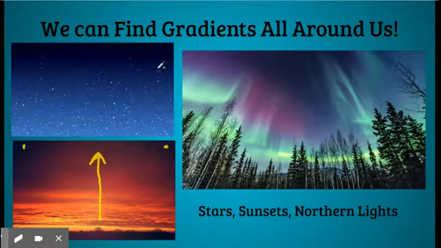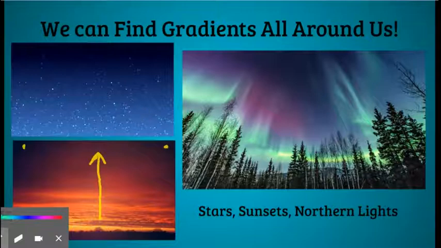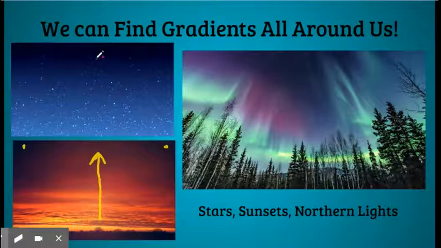So now let's try and describe this gradient. This is a gradient of the night sky. Let me get a different pen for that. And the night sky, if you look up at it, especially if there's lots of stars, you'll see a gradient of blue colors. So if we look down here where I'm making my pink line, you can see that we've got a light blue because that's a little bit closer to our Earth.